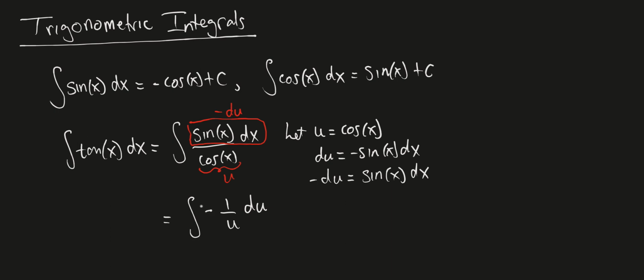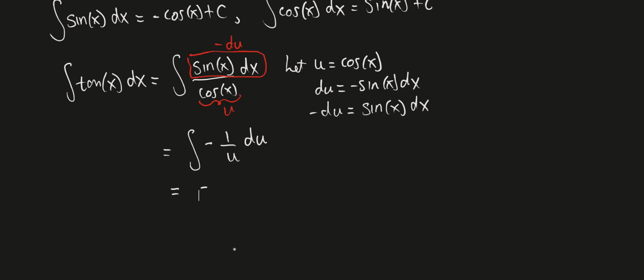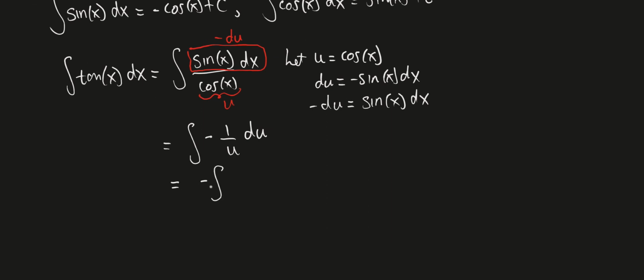Now this negative sign we can take out of the integral. So it's negative the integral of 1 over u du, but that's our natural log. So this is negative the natural log of the absolute value of u plus c.